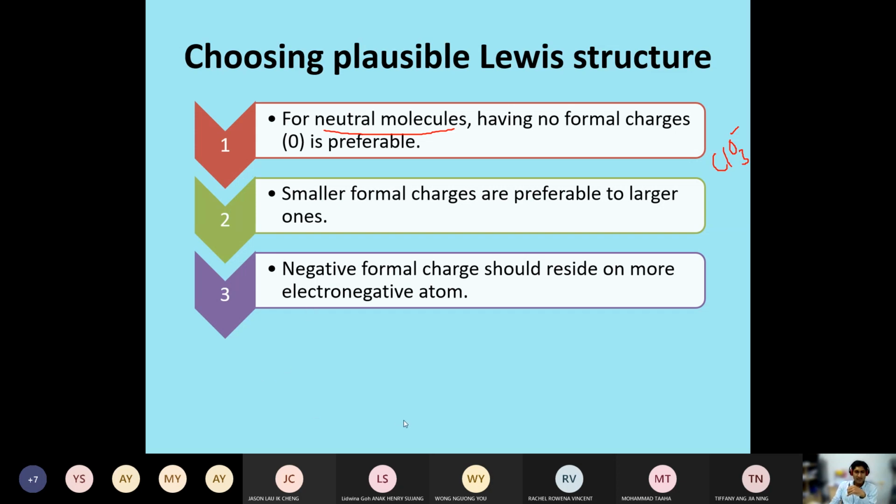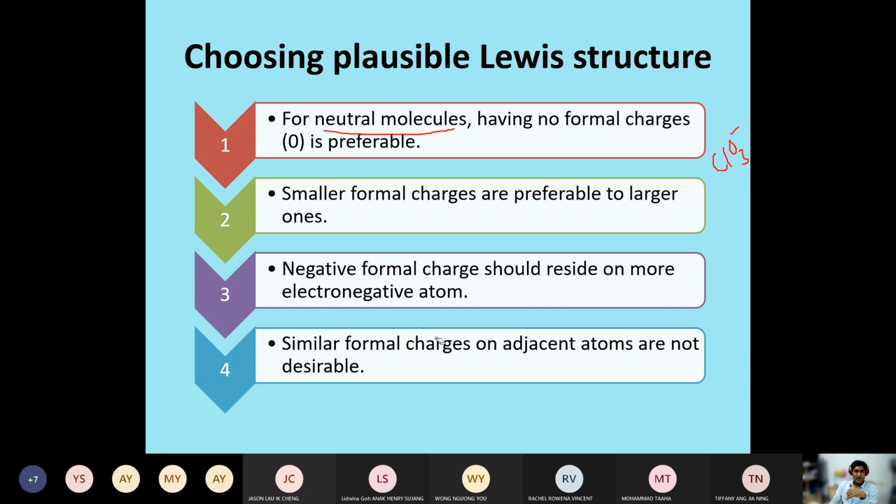In case oxygen was positive charge and sulfur was negative charge, that would be very unlikely. That is almost not stable. The negative charge should be on the electronegative atom because they are more electronegative. They attract more electrons. So if there has to be a negative charge, it should be on the electronegative atom.